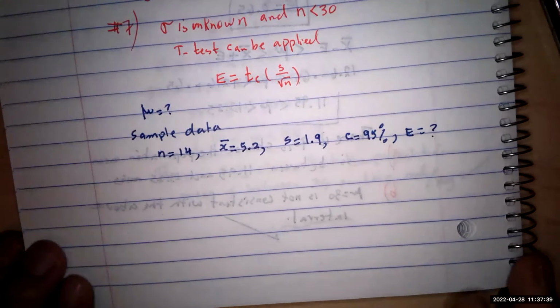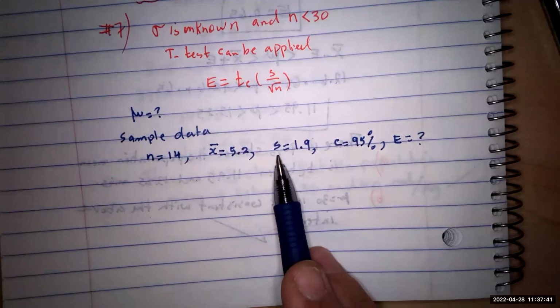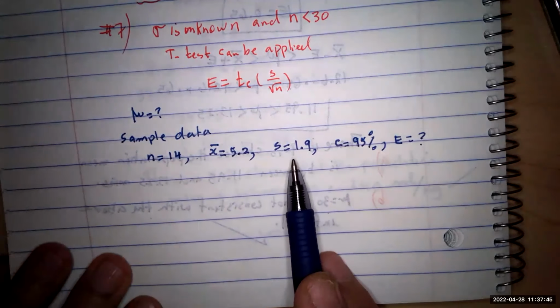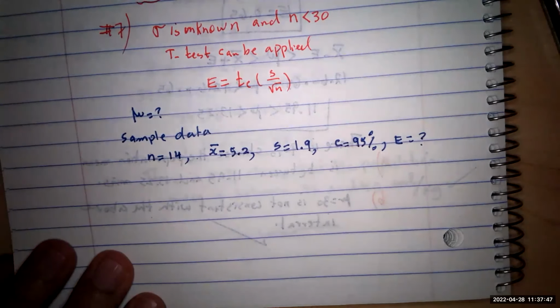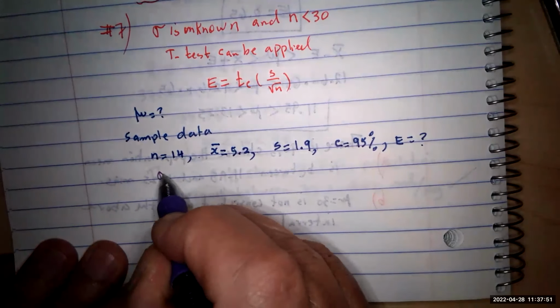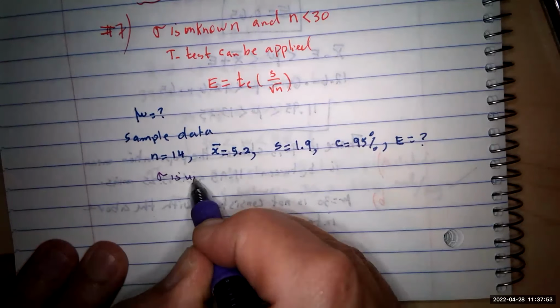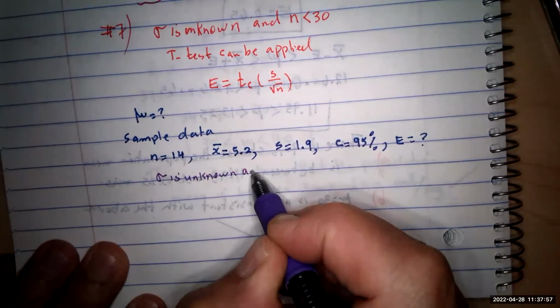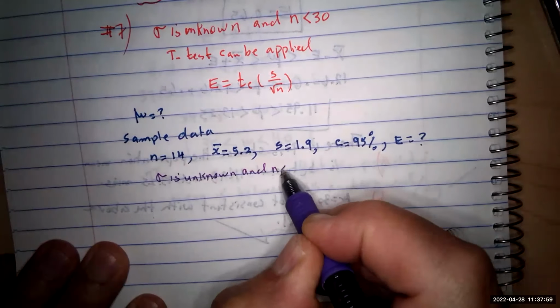Collecting the information, the difference is this one. In the previous one, sigma was given, but now it's S. Now you have to pick the proper test, and then you explain it: sigma is unknown, and the sample size is small, N is less than 40.